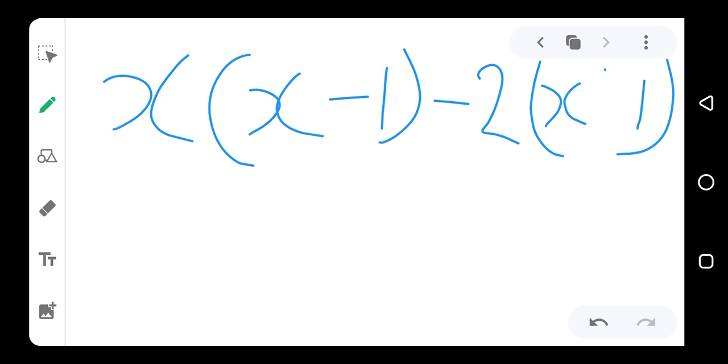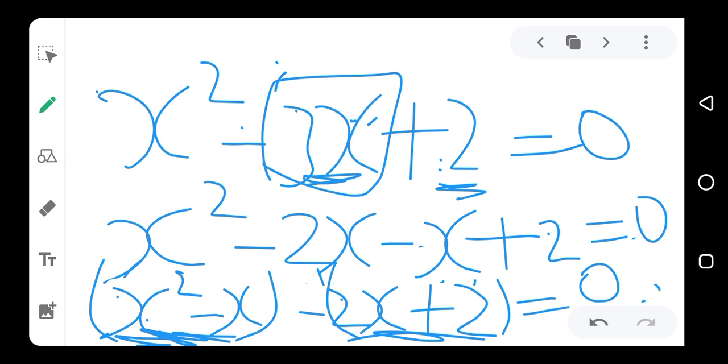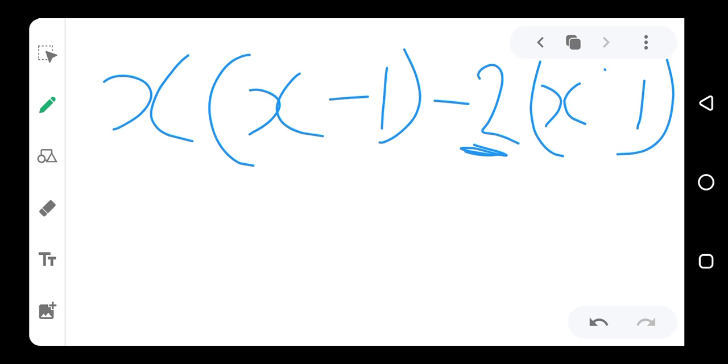Since I already have minus 2 outside the brackets and here we have plus 2, whatever I do to this one, if I multiply the minus 2 by it, it has to give me plus 2. Assuming that I write plus 1, if I say minus 2 times plus 1, it is going to give me minus 2.